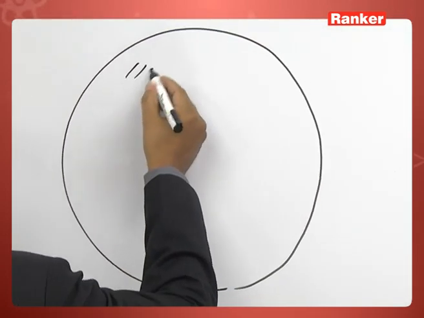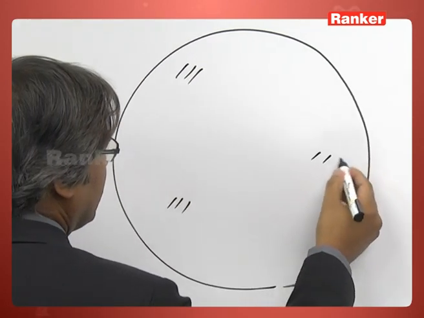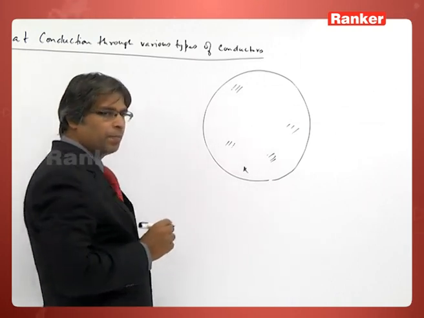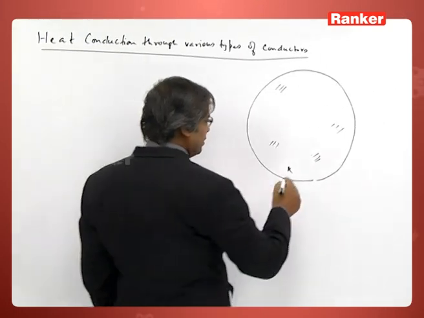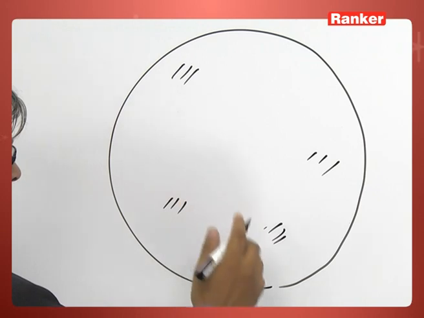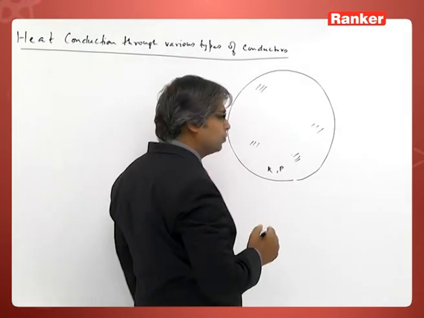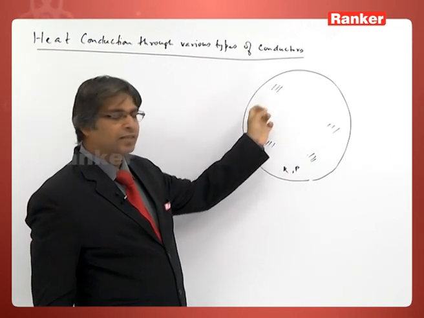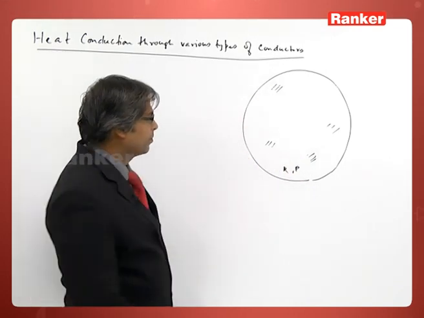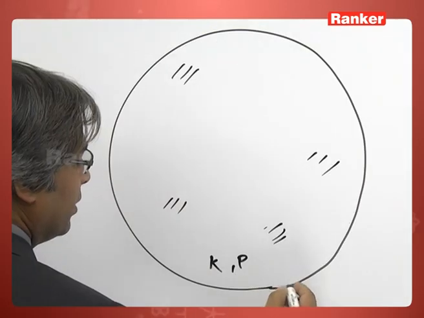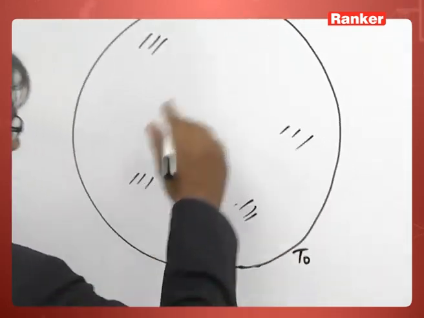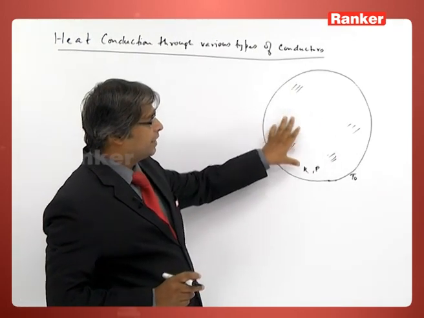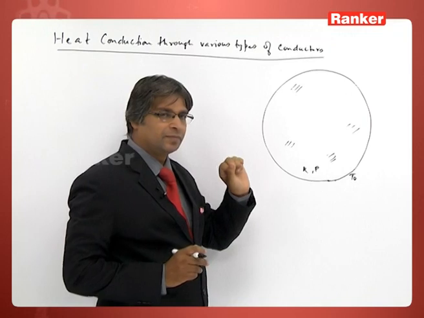So, this body, this entire sphere is a solid body whose conductivity is K, and in the entire body the heat is produced at a constant rate of P. So, thermal power generated inside the bulk is P, and outside the steady state temperature is T naught. Let us find the temperature distribution inside this.